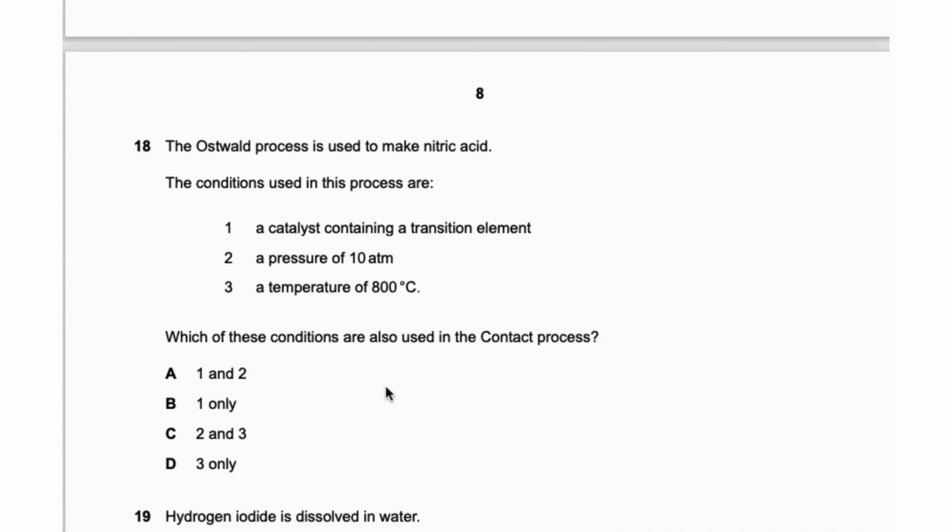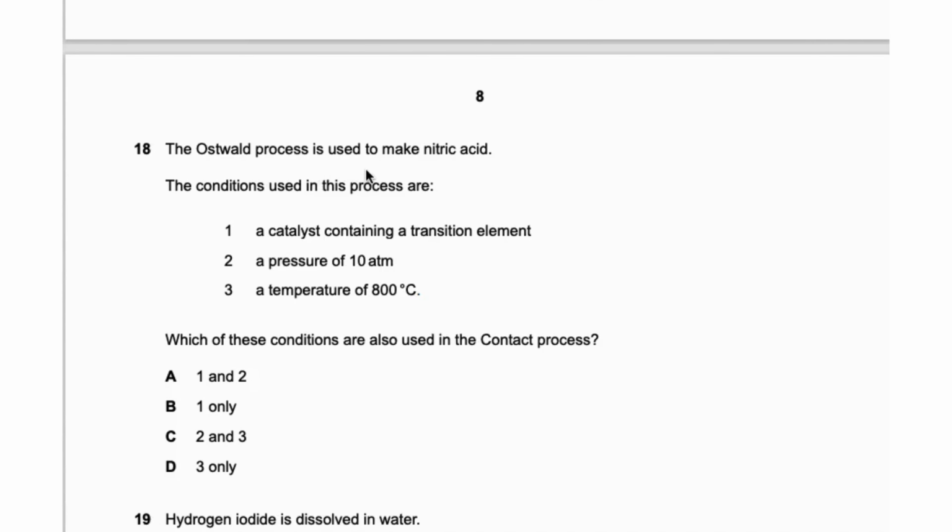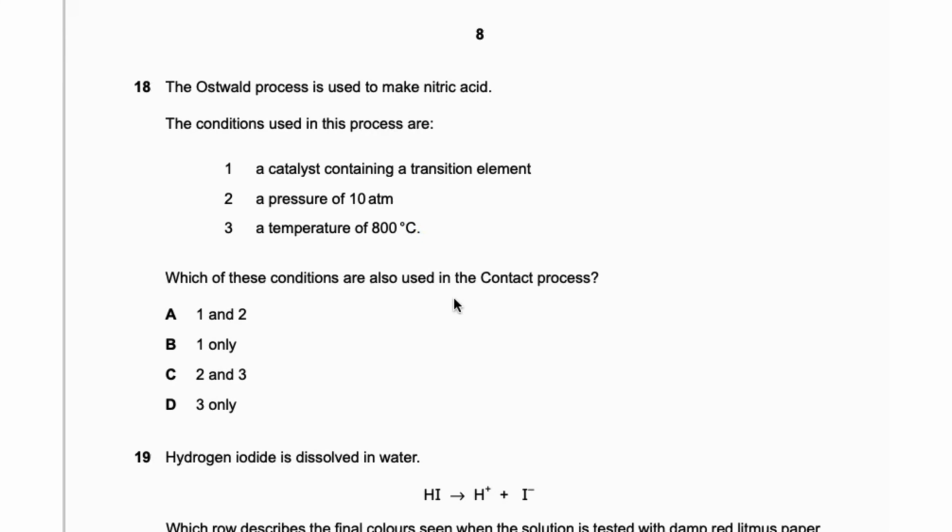Question 18. The Ostwald process is used to make nitric acid. The conditions used in this process are a catalyst containing a transition element, a pressure of 10 atmospheres, and a temperature of 800 degrees Celsius. Which of these conditions are also used in the contact process? A catalyst containing a transition element, yes.